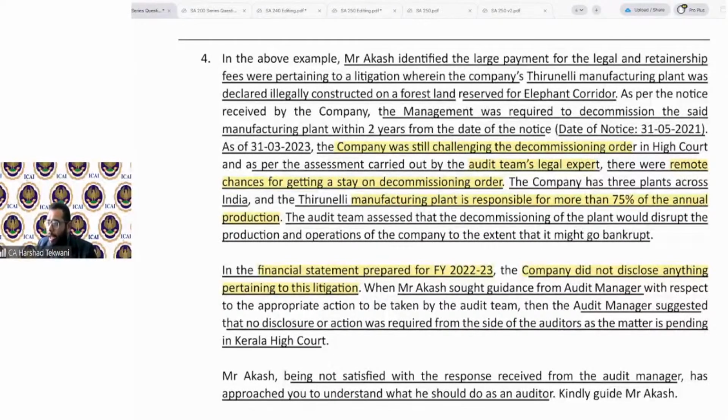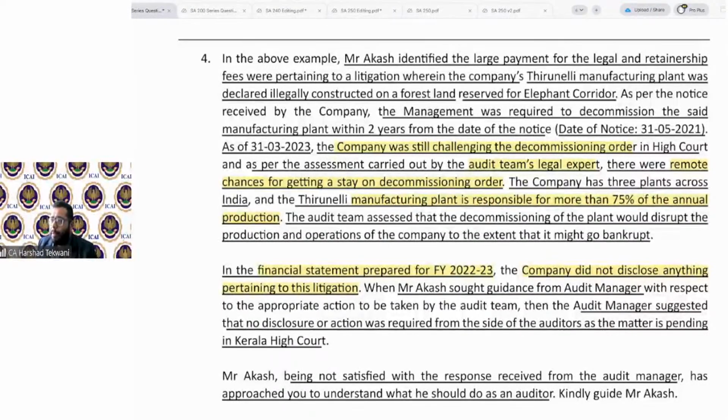First of all, in this particular case, the impact of the non-compliance is so much that it is impacting the going concern assumption or going concern basis used by the management.